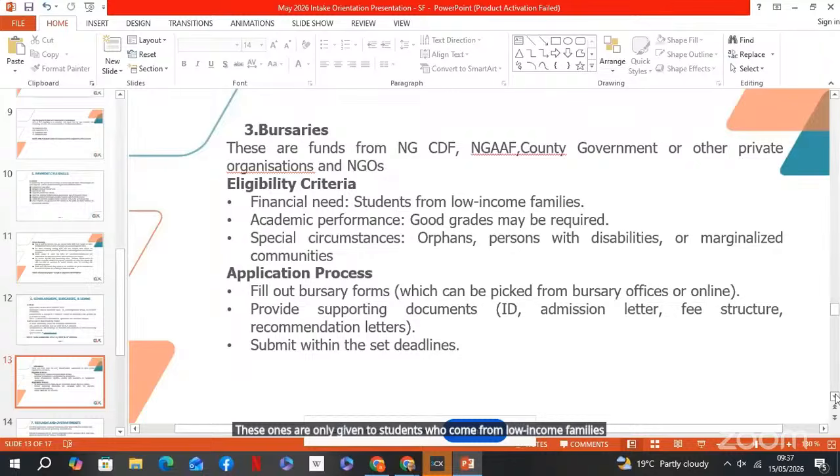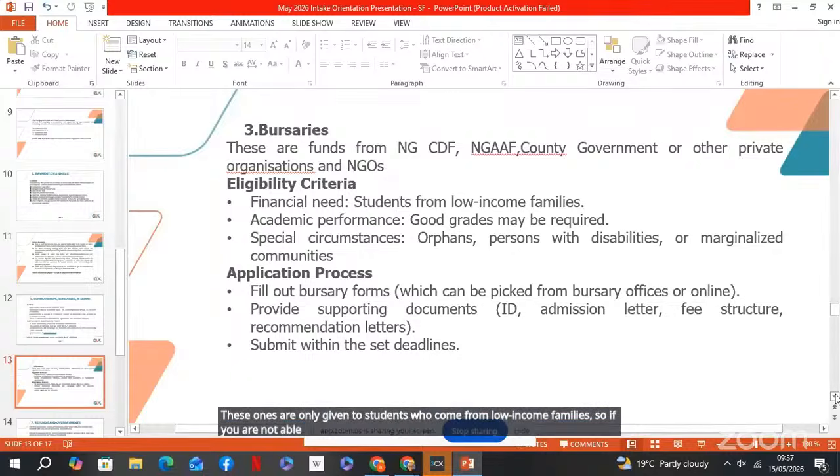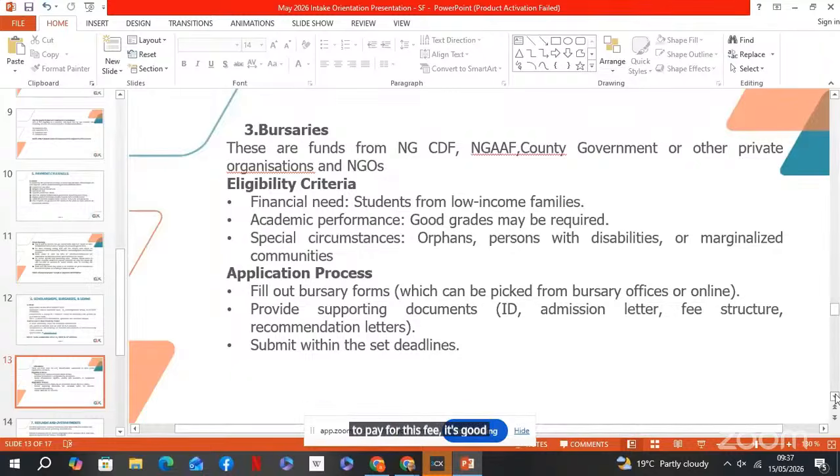So if you are not able to pay for this fee, it's good for you to apply for these scholarships from the CDF. And you may be required to show the grades that you got from your KCSE.